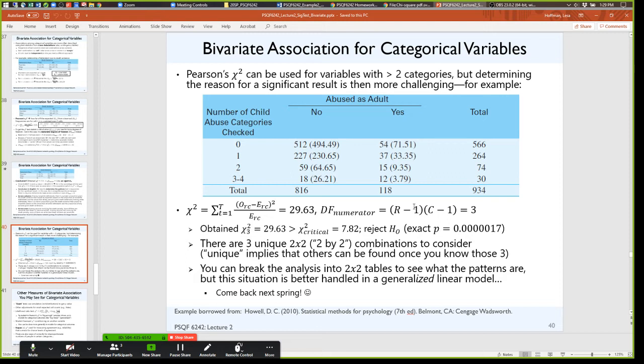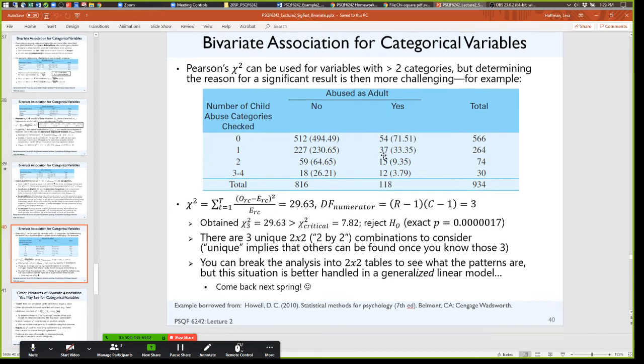That's where chi-square starts to fall apart in terms of being useful to describe relationships. These sorts of relationships are better handled in models. I'm teaching a class on generalized linear models right now, where they're learning how to predict categorical outcomes from other categorical predictors or quantitative predictors.